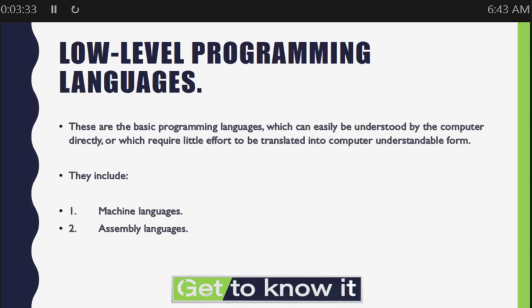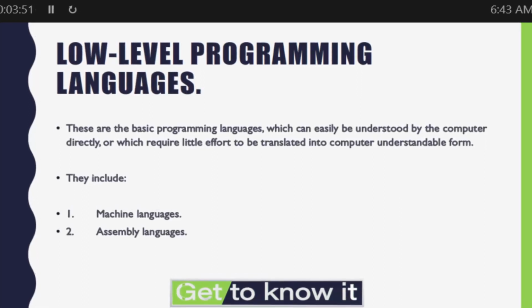And if one wants something to be read, he will use RD for read. Those are just examples of mnemonic codes that are used in low-level programming languages, especially in assembly languages. Another feature is that they frequently use symbolic addresses.